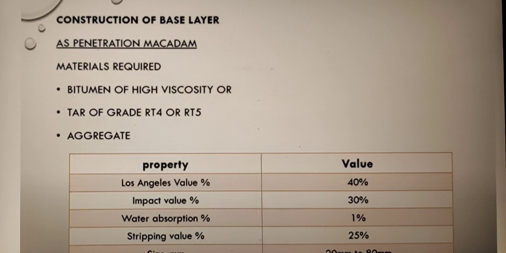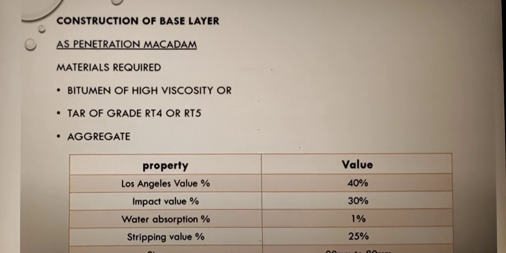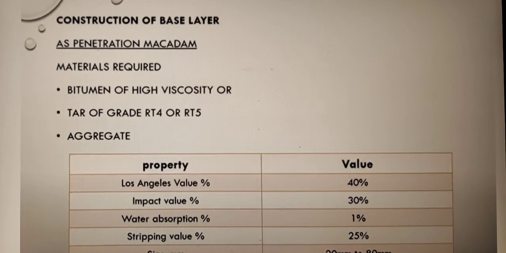RT5 or 4 means road tar 4 or 5, because the road tars are usually classified from RT1 to RT5 based on the viscosity and the other properties. For example, RT4 is mainly used for premixing in the base course. The specific gravity is 1.28 and the specification of the aggregate is given in the table.